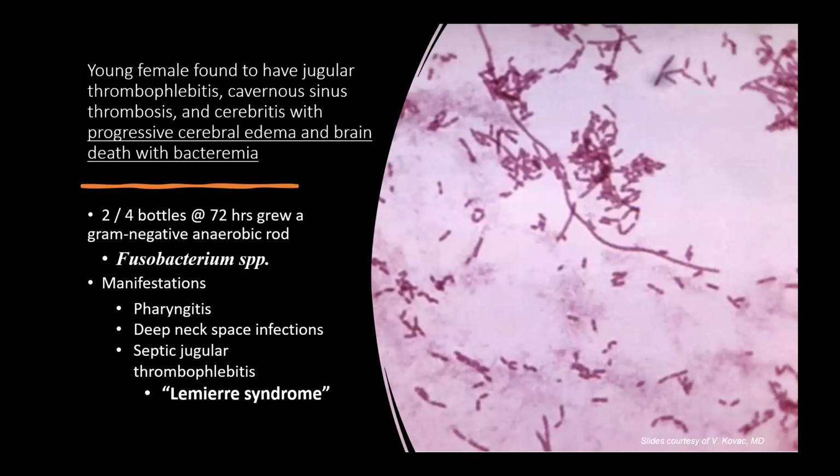This was what grew in 2 out of 4 bottles at 72 hours after admission, and then ultimately was speciated as Fusobacterium. The manifestations of this syndrome, and what this patient, who ultimately became a donor, had, included pharyngitis, a deep neck space infection, septic jugular thrombophlebitis, or as we know with the eponym, Lemierre syndrome.